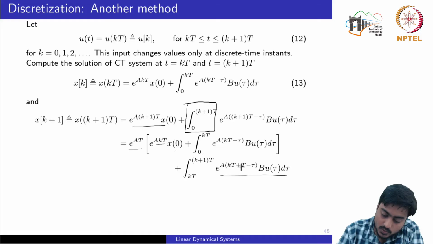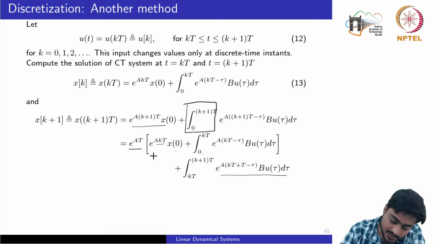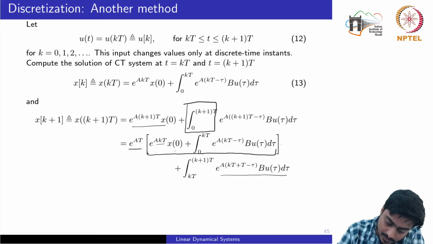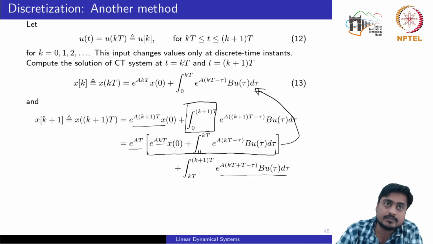This is (k+1)T minus tau. Now pay attention here that this part is nothing but equal to this one. We have e^(AkT) x0, e^(At) x0, and this term also is equal to this term.